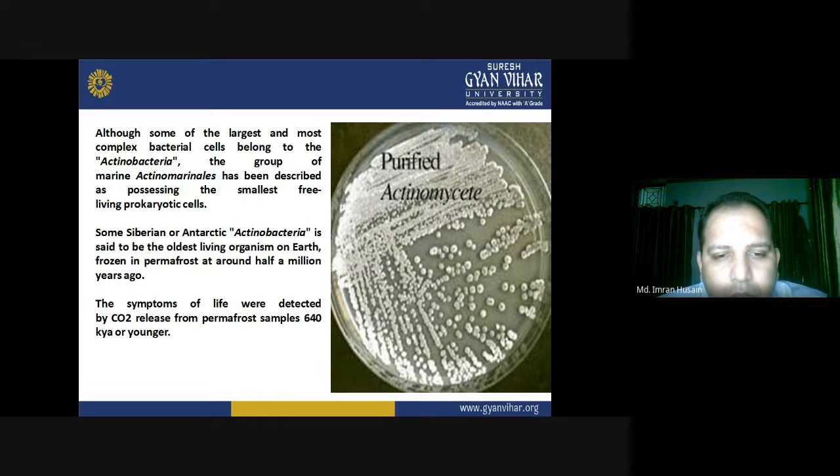The symptoms of life were detected by CO2 release from permafrost samples 640 kya or younger. So these samples, when they were releasing CO2, were studied and analyzed.